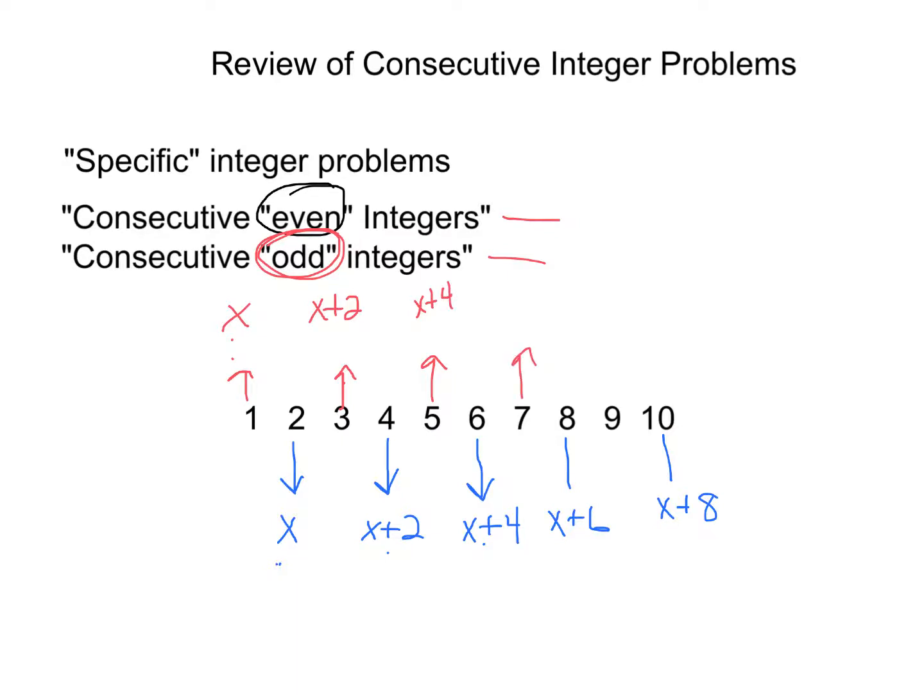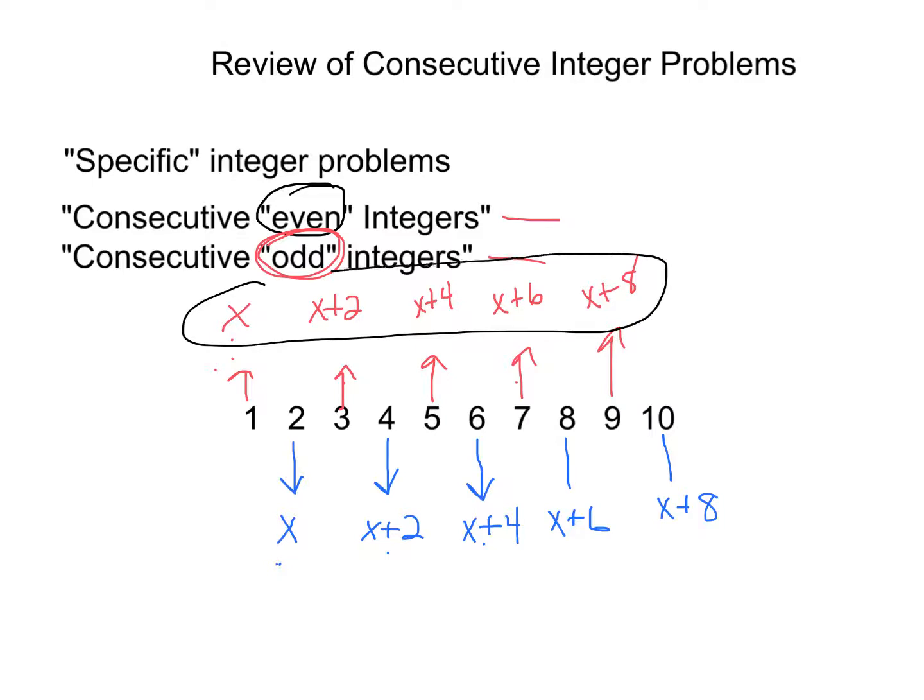And again, same thing here. From 1 to 7 using addition, it would be x plus 6. To 9, it would be x plus 8. So notice whether we say evens or we say odds, it doesn't really matter. The pattern is exactly the same.